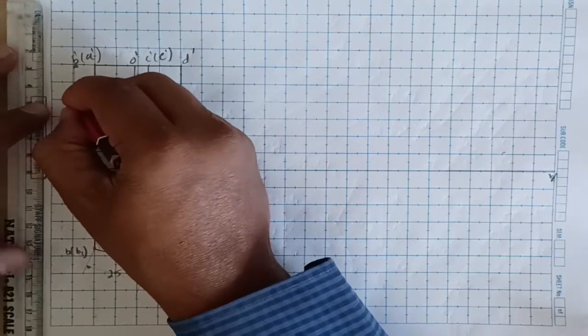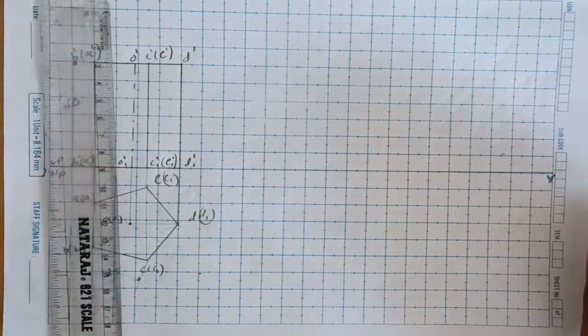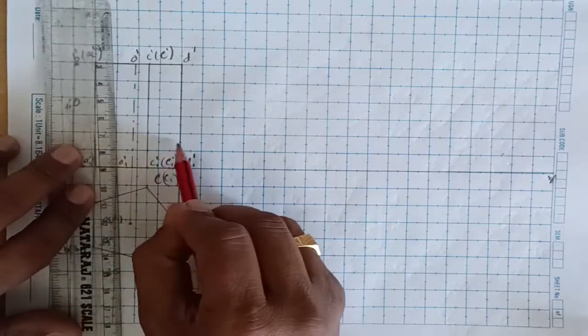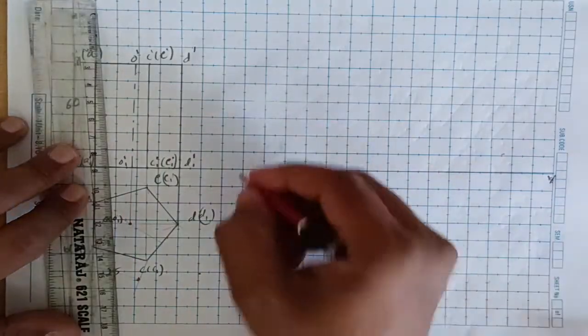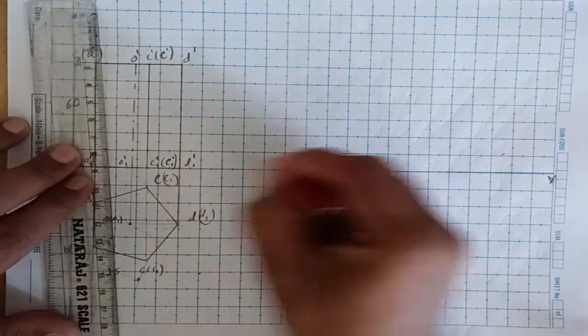Next, second step: they said the axis is inclined to HP at 40 degree. So we need to take the 40 degree axis inclination. We know that all the edges are parallel to each other, so if you make only one edge, the axis automatically also becomes 40 degree. Take the resting point. The resting point is the corner they gave, so that is D1 dash.